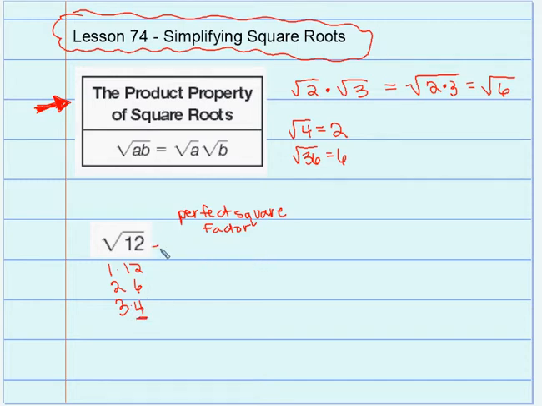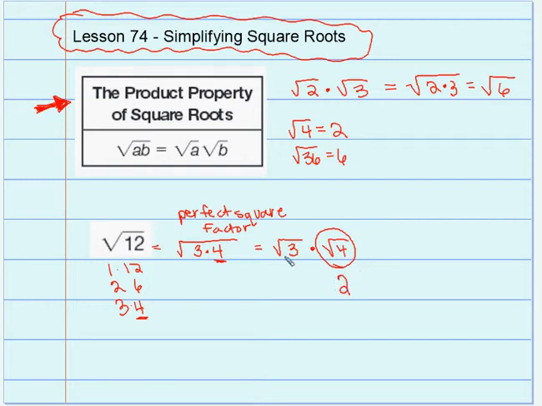So I'm going to rewrite the square root of 12 as a product of its factors, the square root of 3 times 4. And 4 is the one that I'm looking for, because if I rewrite this as the square root of 3 times the square root of 4, I can break this one down to just 2.